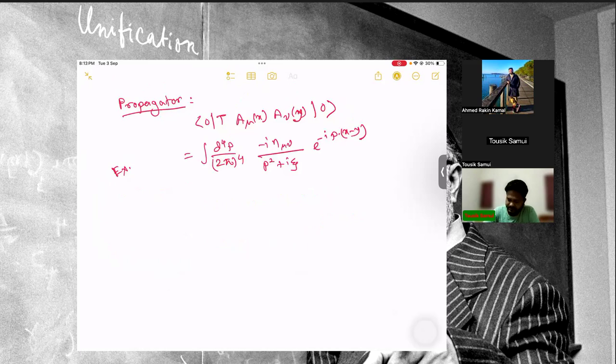And so the Hamiltonian, but with normal ordering.